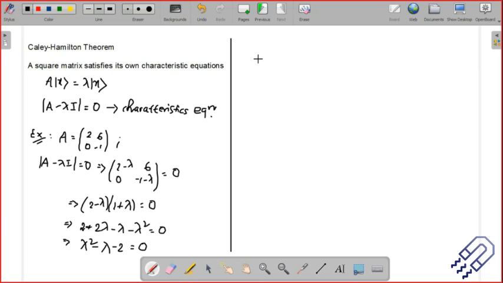Now we replace lambda by the matrix. So A square minus A minus 2 times the identity matrix, which is a 2 by 2 matrix, is equal to 0. That's the matrix form.